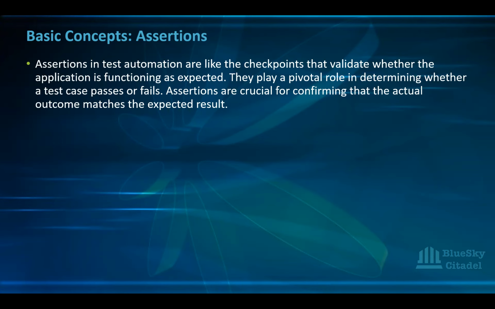Sometimes the messages are displayed, you can see them, or you've logged in successfully. If you've used the wrong test data, it will say your username or password is incorrect. So assertion helps you check all those things. So they are like your validations.